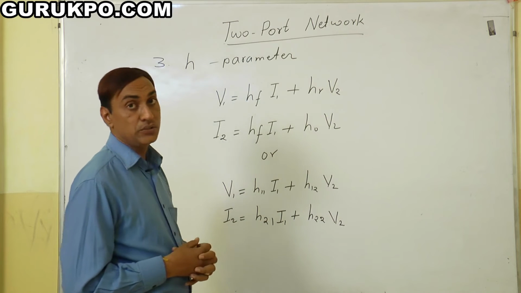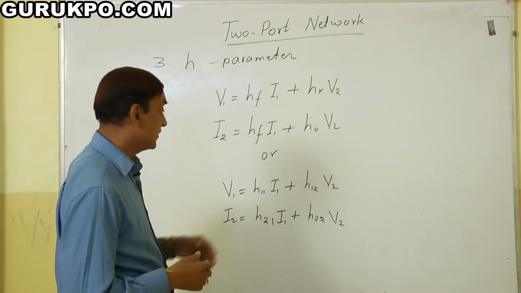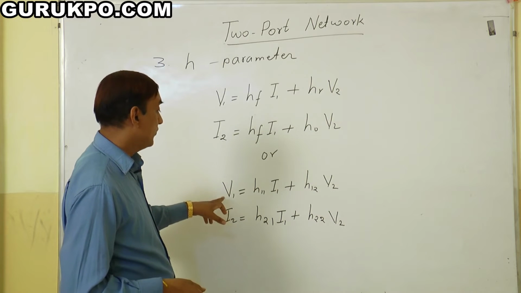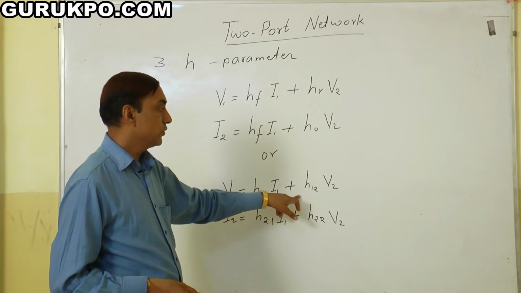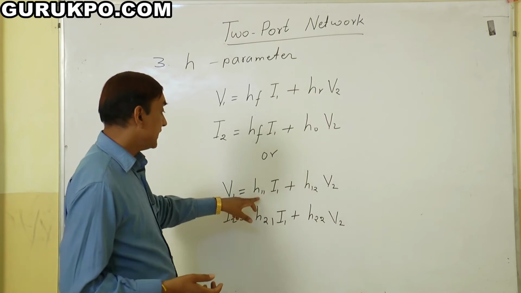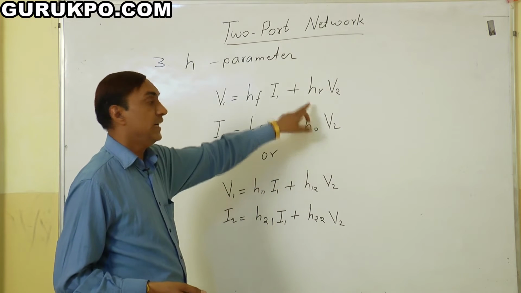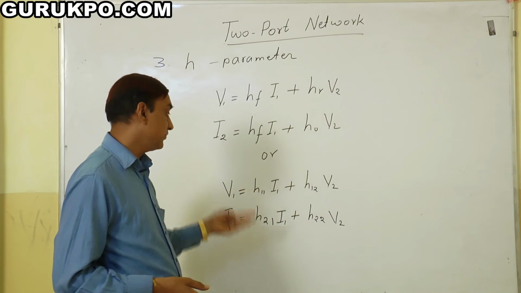These equations can also be solved in symmetrical form, so we use other parameters. What are the parameters? V1 is equal to H11 I1 plus H12 V2. H11 is Hi and H12 is Hr, because these are in symmetric form.